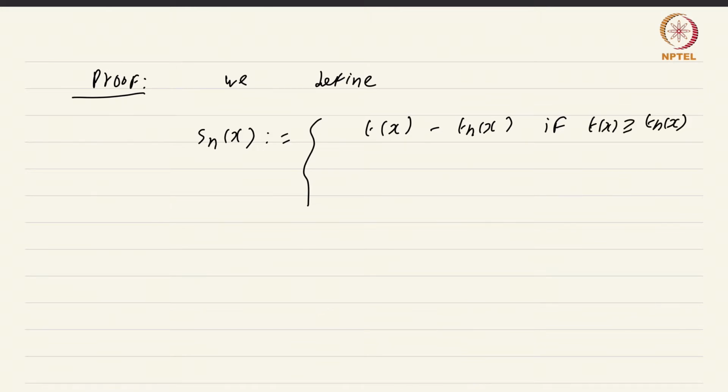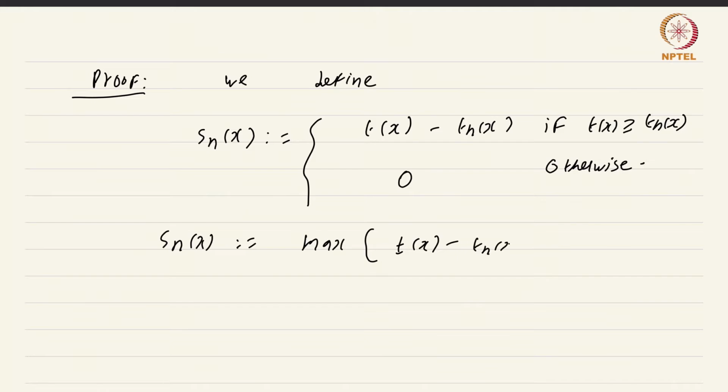Remember, T is some step function that is less than or equal to f. And 0 otherwise. So in fancier notation, Sn(x) is just the maximum of T(x) minus Tn(x) and 0.